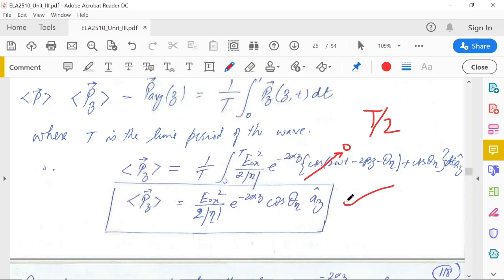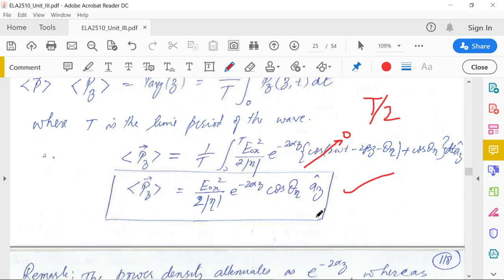Whenever you want to find the power density of EM waves, we always use the Poynting vector. Either we find the instantaneous Poynting vector, or more often we use the time average Poynting vector.